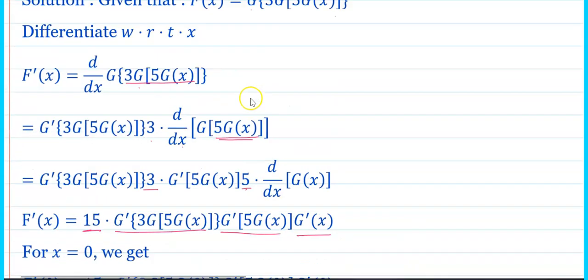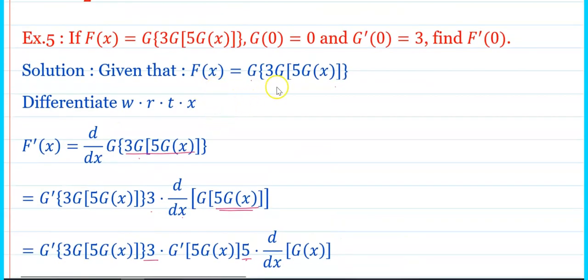Again I will repeat once here. See this here, f of x. The derivative f dash of x is d/dx of g of 3g in bracket 5g of x.